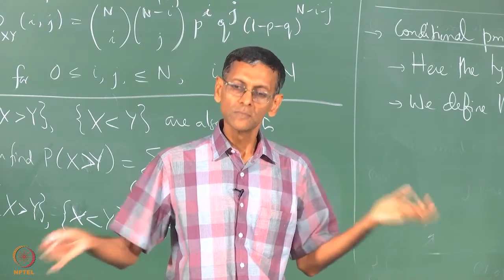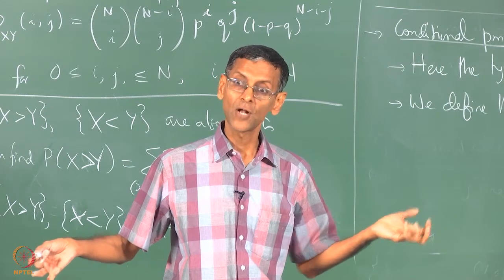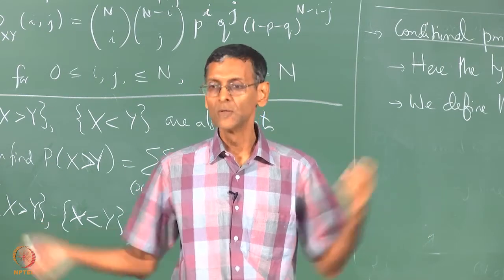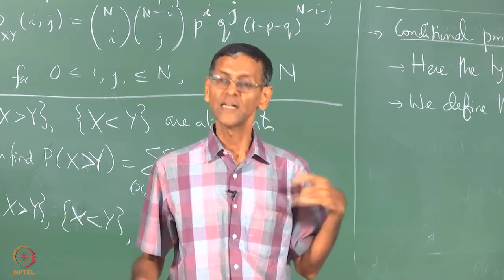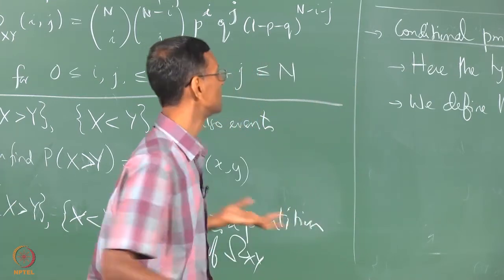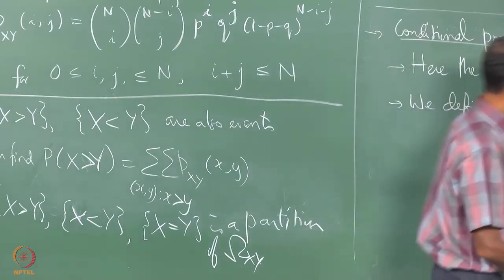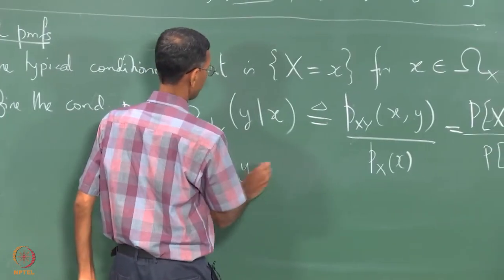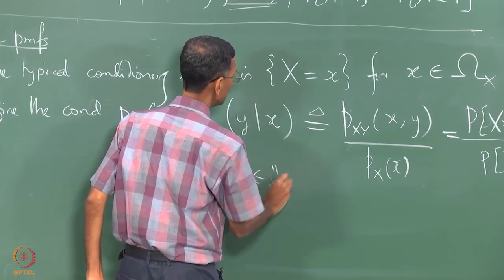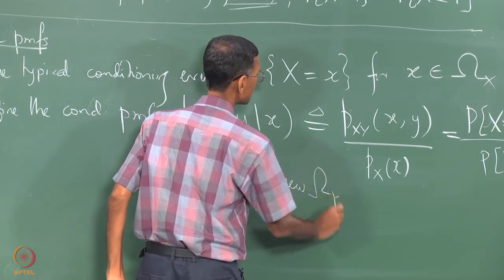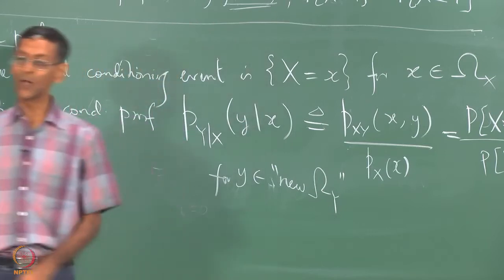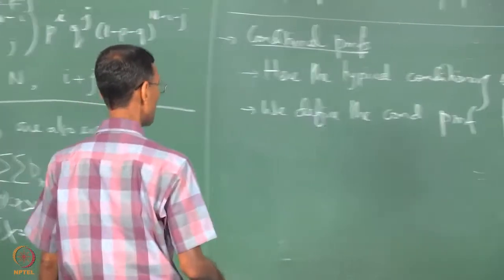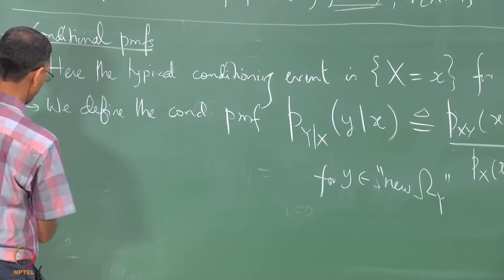If you know that X equal to x, Y may not have the entire freedom to vary that it did in the absence of that information. So I will say nu omega Y, which depends on the value of x. In the trinomial case we will do this.